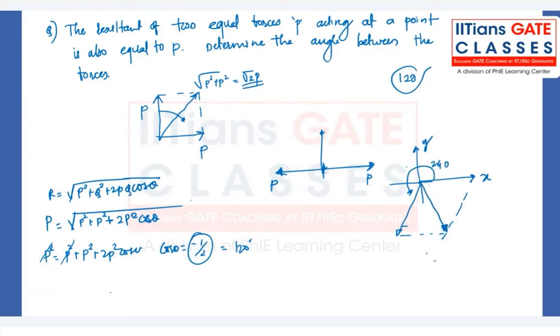What is cos of 240? Minus 1 by 2. What is cos of 120? Again minus 1 by 2. So that is why both the answers are correct.